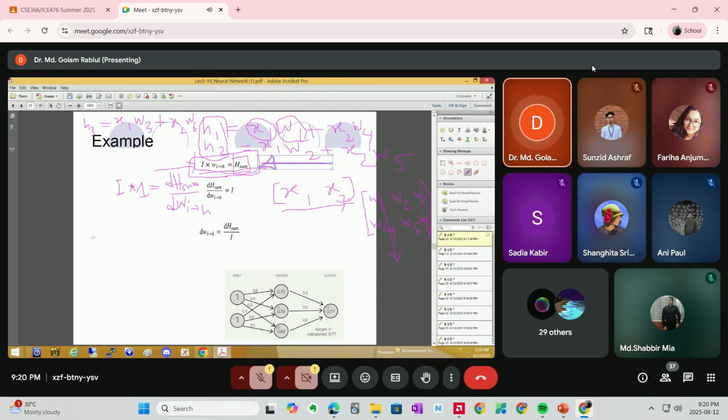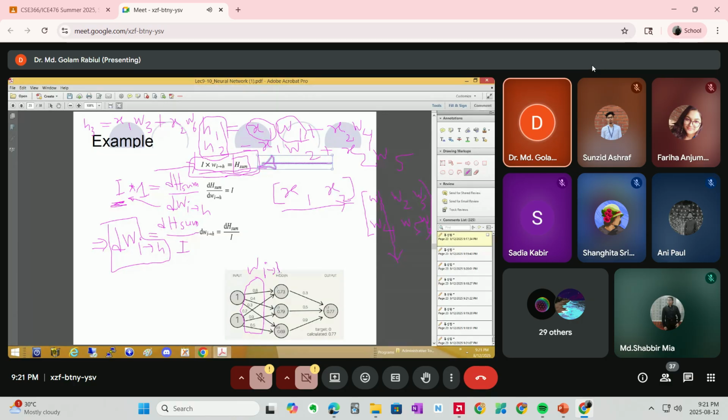So we can say it will be d W input to hidden equals d h sum, delta h sum, divided by this I. That is, delta W input to hidden will be delta hidden sum divided by input I. We are trying to find this delta WIH, the rate of change of this W, which is W input to hidden layer.